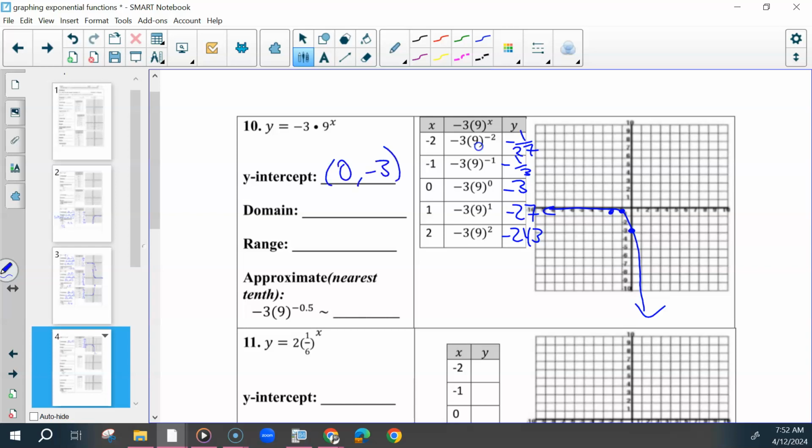Domain. Negative infinity to positive infinity. Range. Negative infinity to 0. And go ahead and approximate this. Negative 1, exactly.